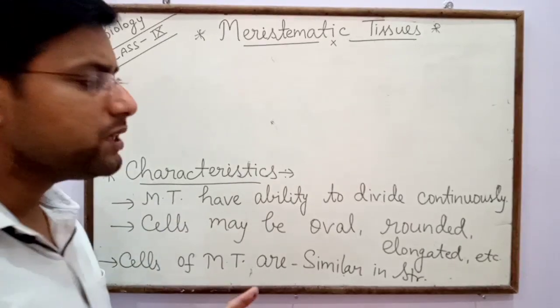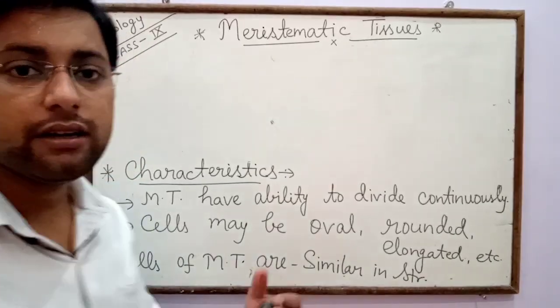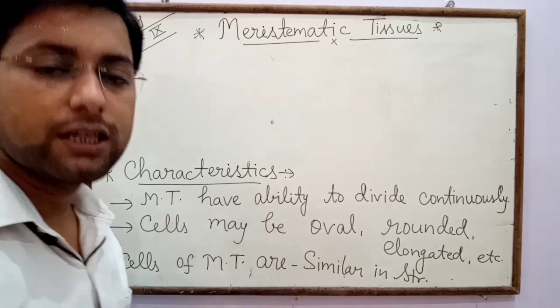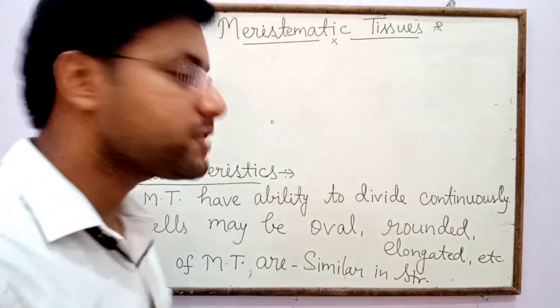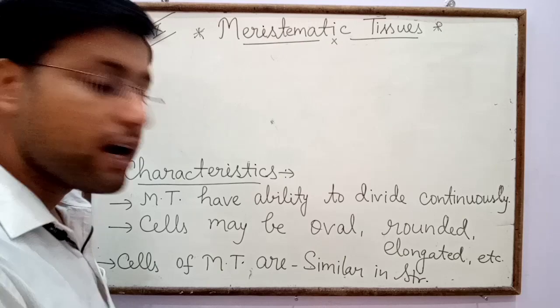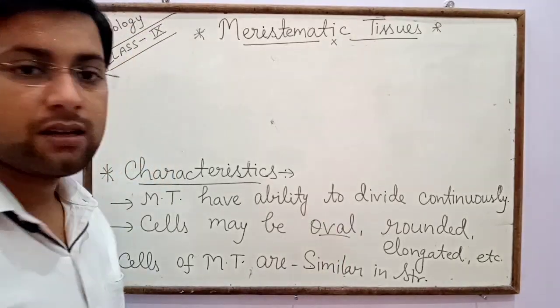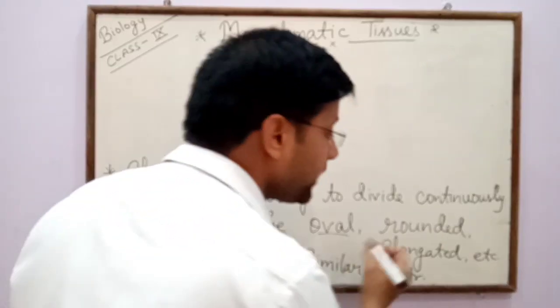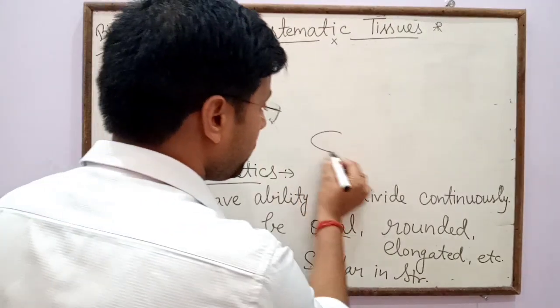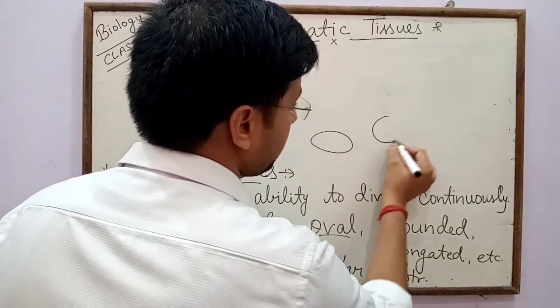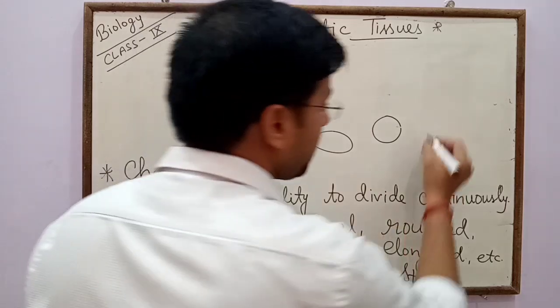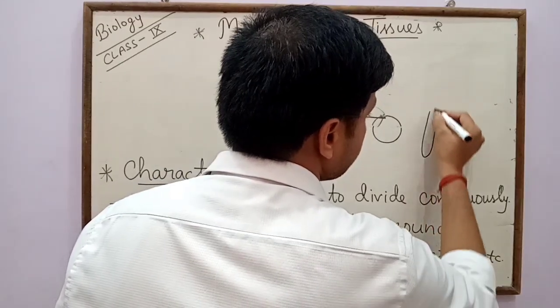Cells may be oval, rounded, elongated. It means that variation occurs in the shape of cells, some cells are oval in shape, some are rounded, and some are elongated.